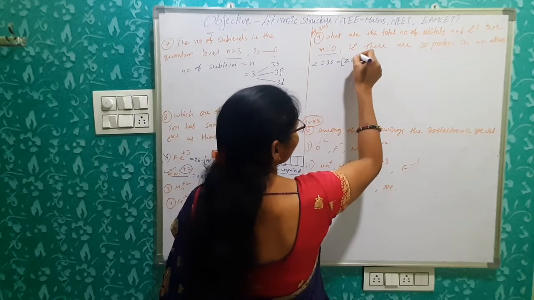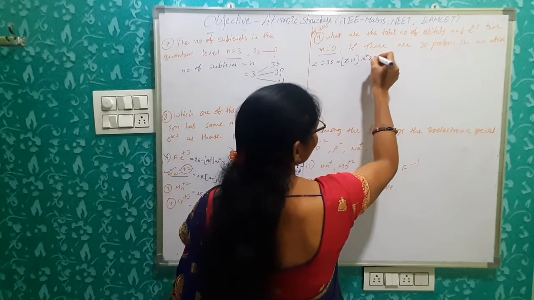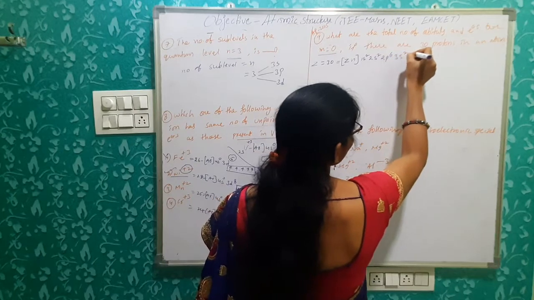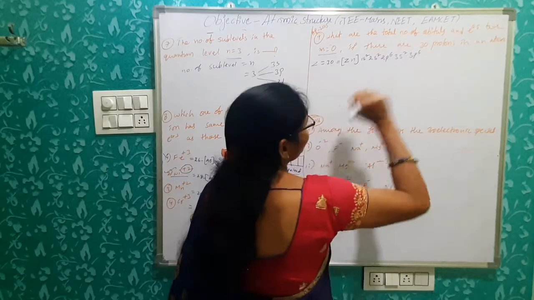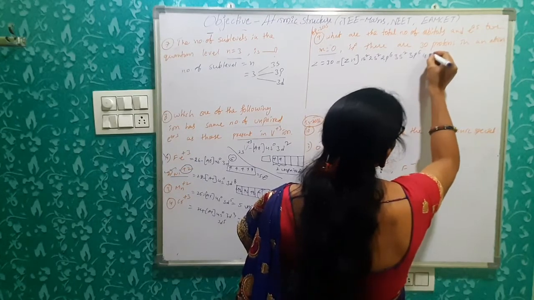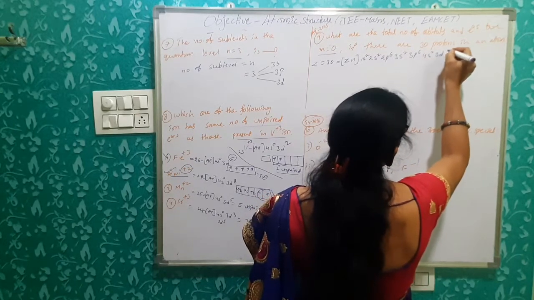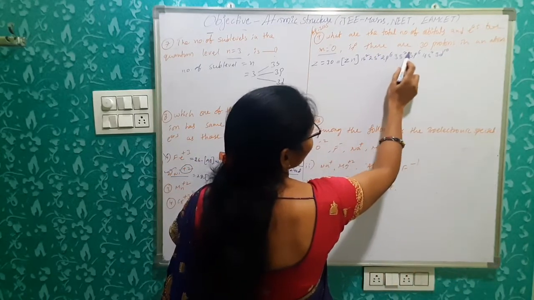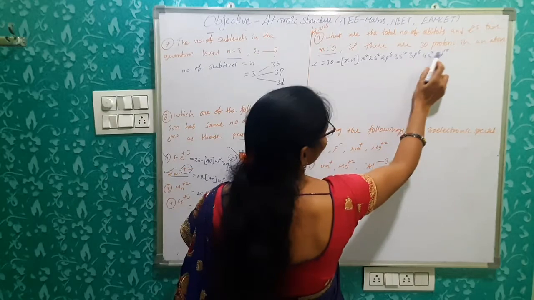Zinc electronic configuration: 1s2, 2s2, 2p6, 3s2, 3p6, 4s2, 3d10. 2 plus 2 is 4 electrons, 10 electrons, 12, 18, 20, 30.